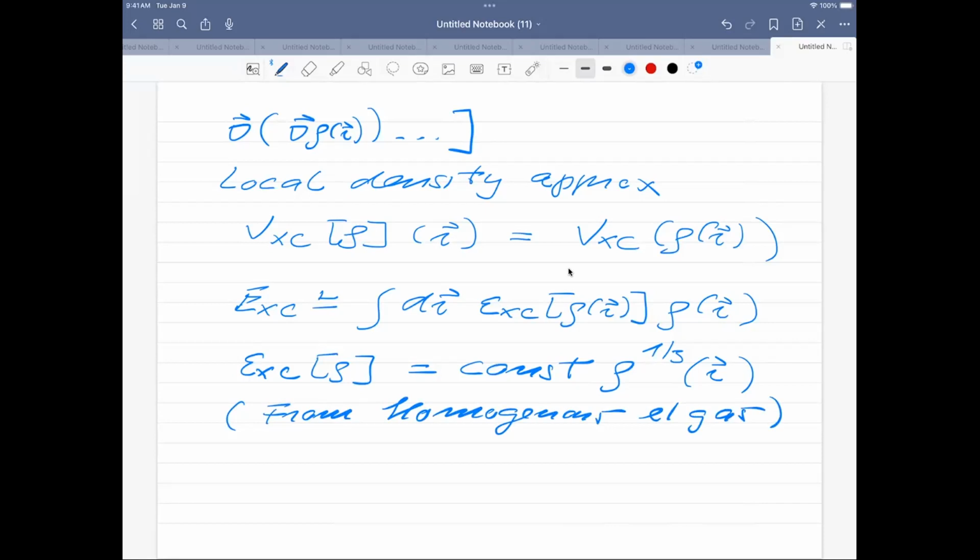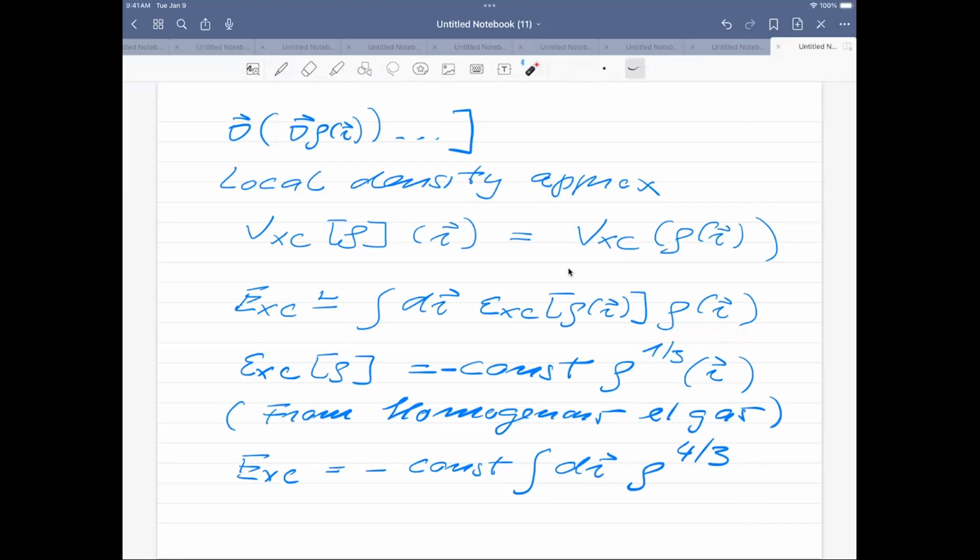If we then plug that into the expressions which we have, we see easily now that this E exchange is given by minus a constant, and then an integral over dR, and then the density to the power of 4/3, because we have the density here as well. And you remember that the total energy before, when we looked at the energy per particle, was actually given by the density to the power of 4/3.